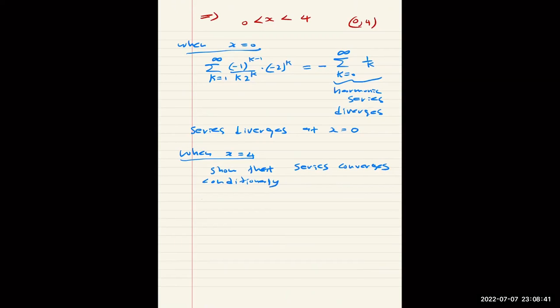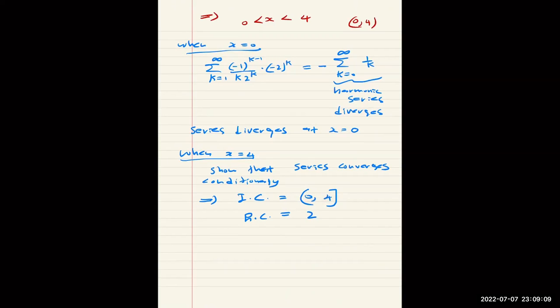That implies that the interval of convergence is going to be (0, 4], 0 excluded because at 0 it diverges, but 4 included because at 4 the series converges conditionally. So the radius of convergence, RC, in this case is 2, half of the length of this interval, which is 4.